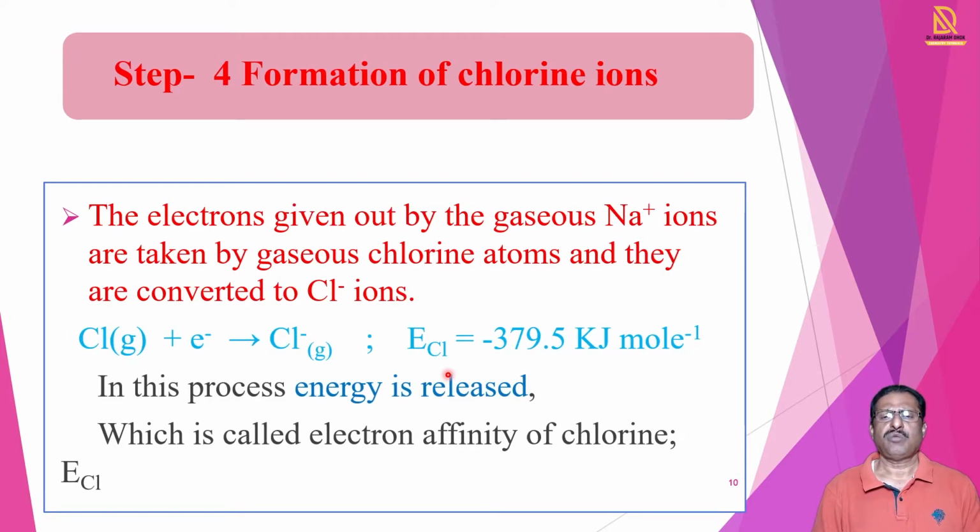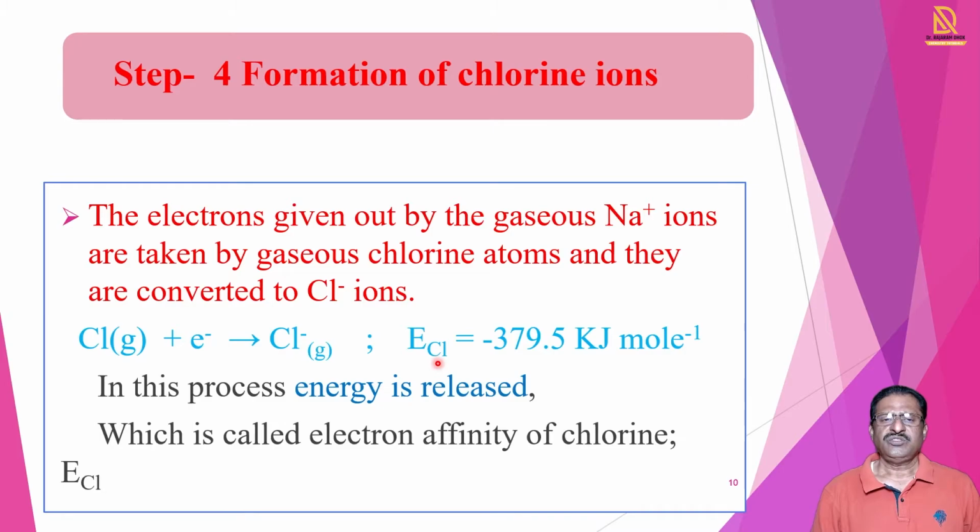Then the fourth step, formation of chloride ion. We have seen in the second step the formation of chlorine atom in the gaseous state. But that atom is converted into ion, and for that purpose, 1 electron is gained by the chlorine atom. The electron given out by the gaseous sodium atom is taken by the gaseous chlorine atom, and that gaseous chlorine atom is converted into chloride ion.